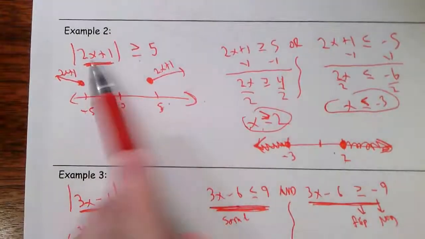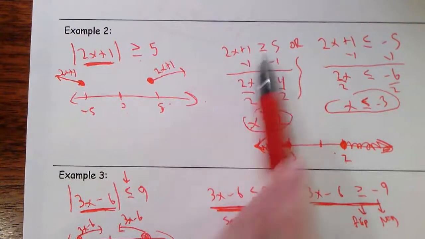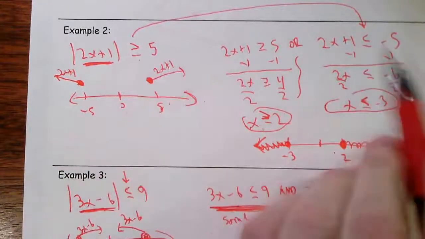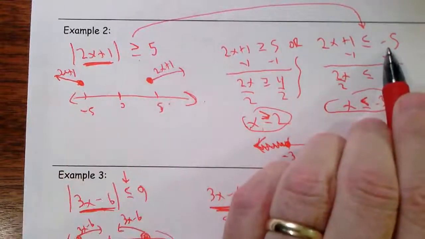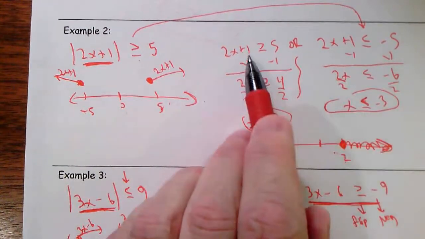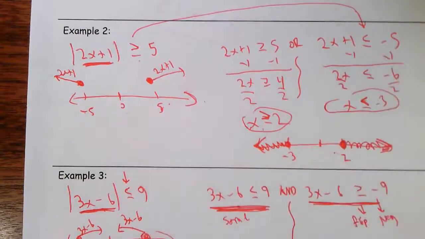See, the original inequality is what my first sentence is. And then I took this sign and I flipped it. And I made the 5 negative. And that's my second sentence. First sentence the same. Second sentence, you flip the inequality and make the answer negative. That's how it is every time.